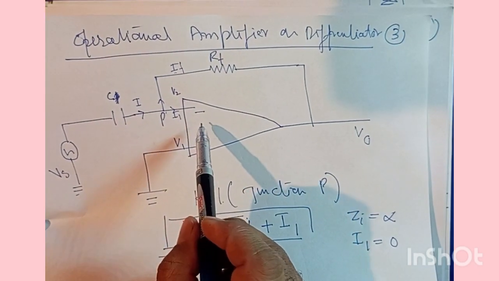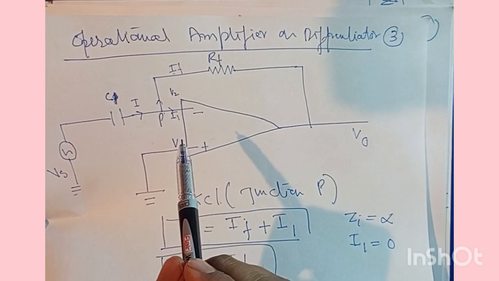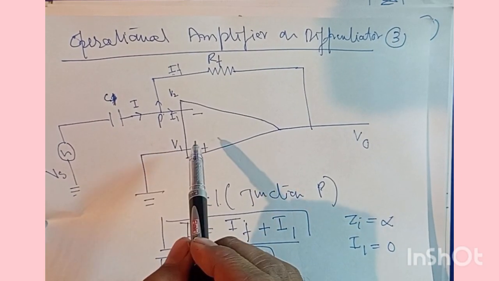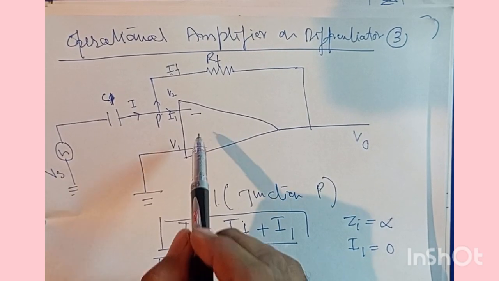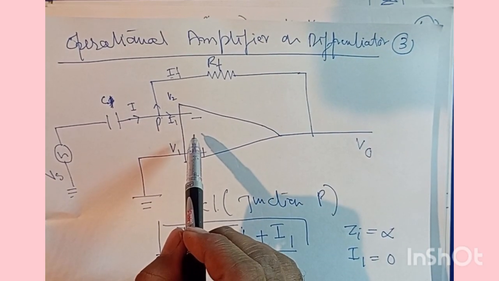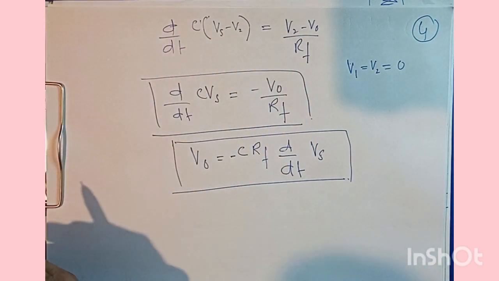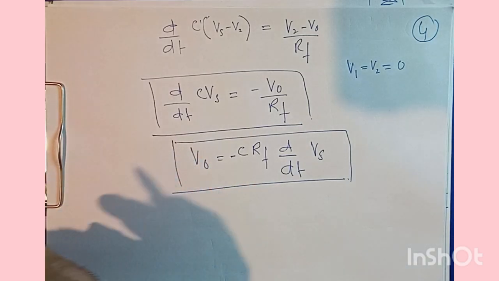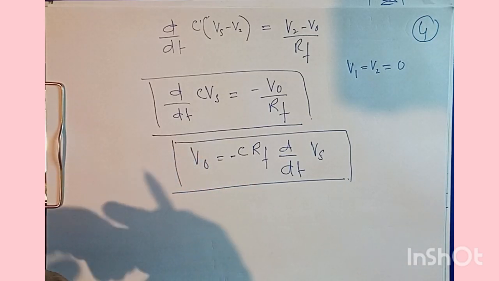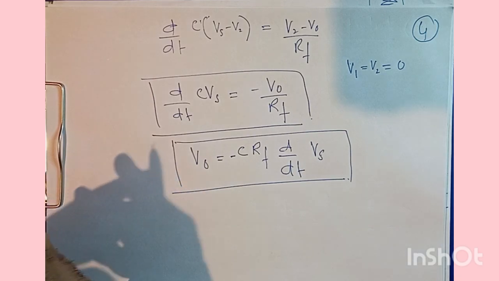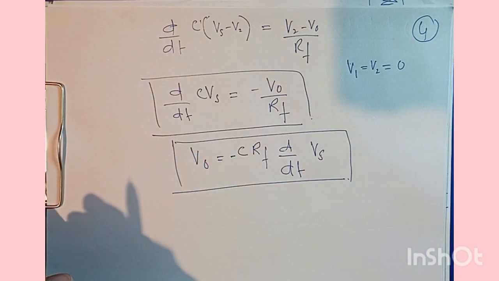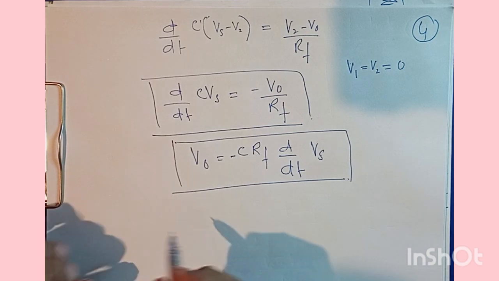We are subjecting it to the negative terminal of the operational amplifier, and we understand that if we subject our signal to the negative terminal, it will change the polarity of that signal by 180 degrees. So this negative sign is a result of that. From this we can analyze that we can use an operational amplifier to get the differentiation of the signal that's subjected to it.